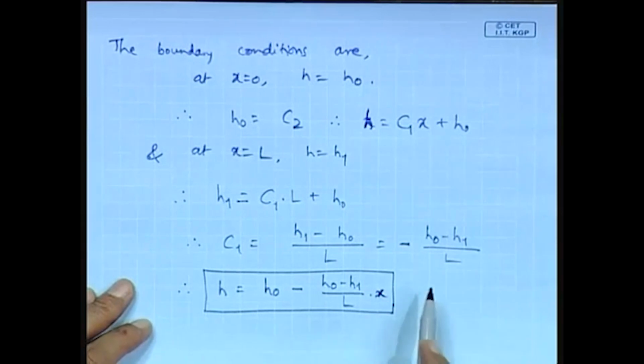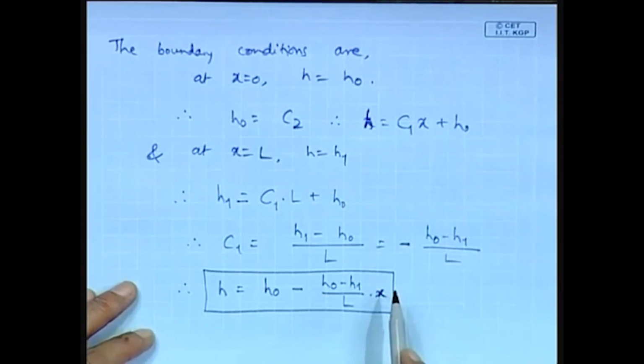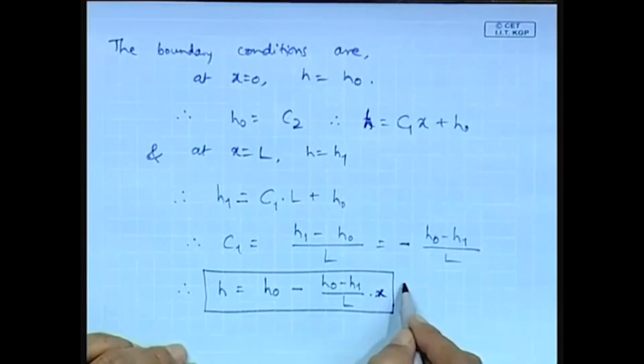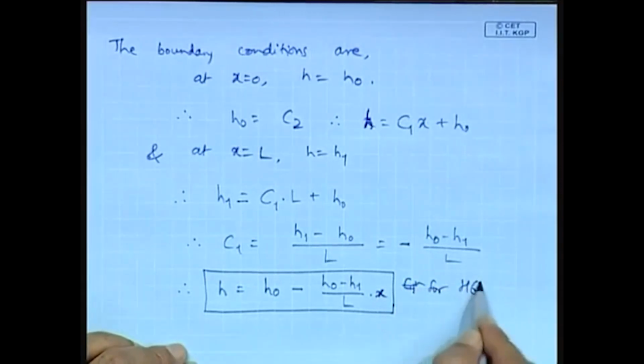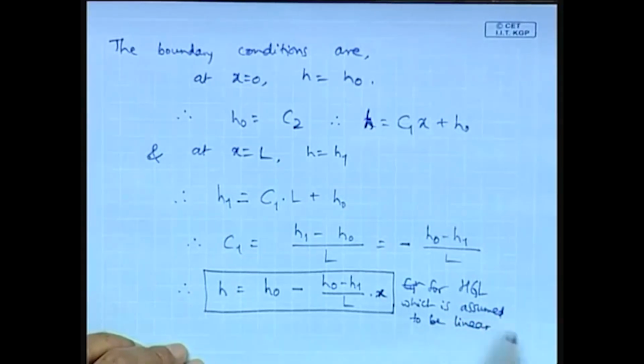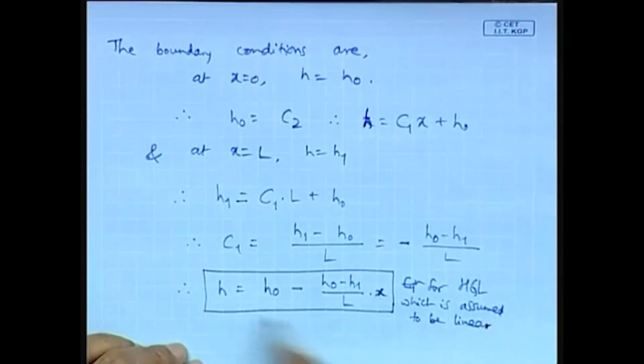And so this is the equation for the hydraulic grade line HGL, which is assumed to be linear. Okay.